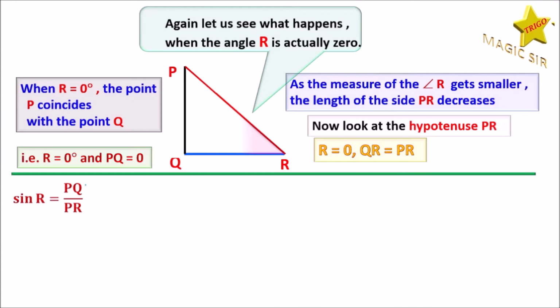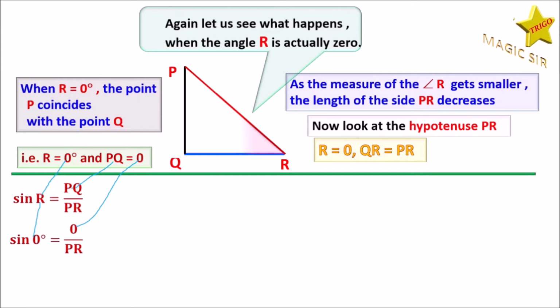By definition of sine, we have sin R equal to PQ upon PR. We have R equal to 0 degrees and PQ equal to 0. So we put R equal to 0 and PQ equal to 0.